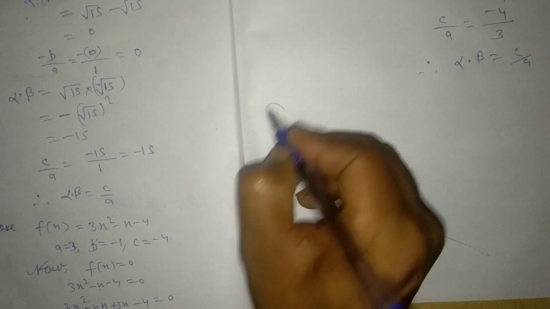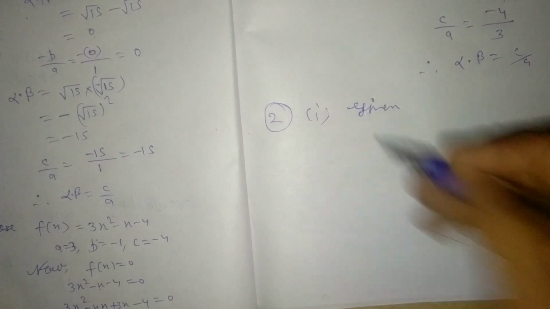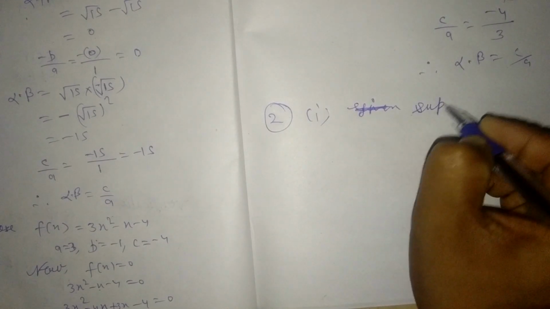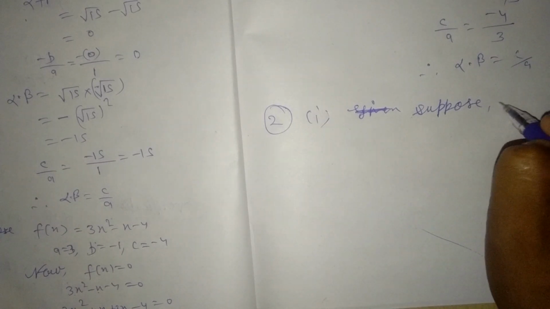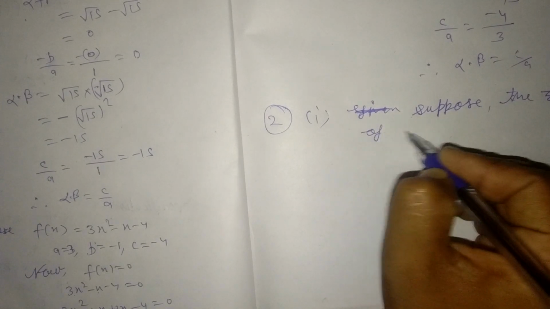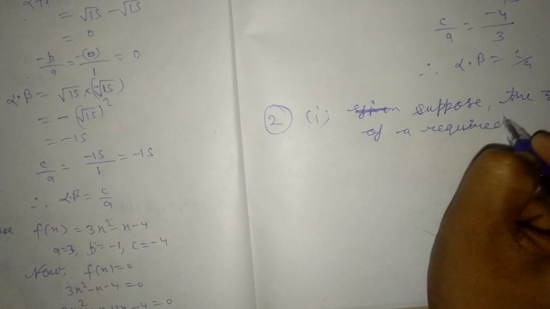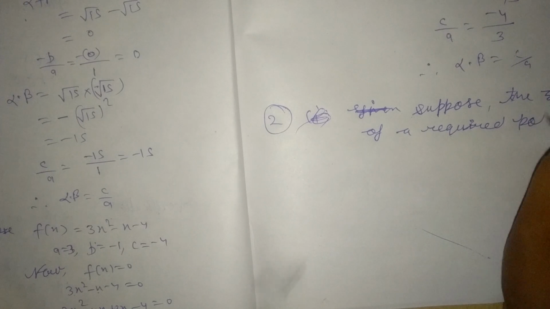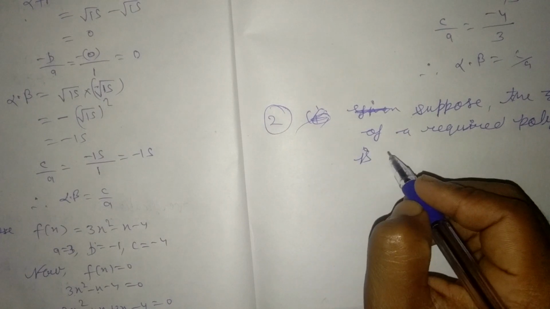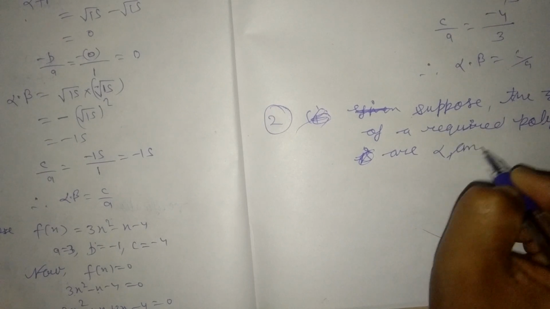So our second and first question. You can write here: suppose the zeros of a required polynomial are alpha and beta.